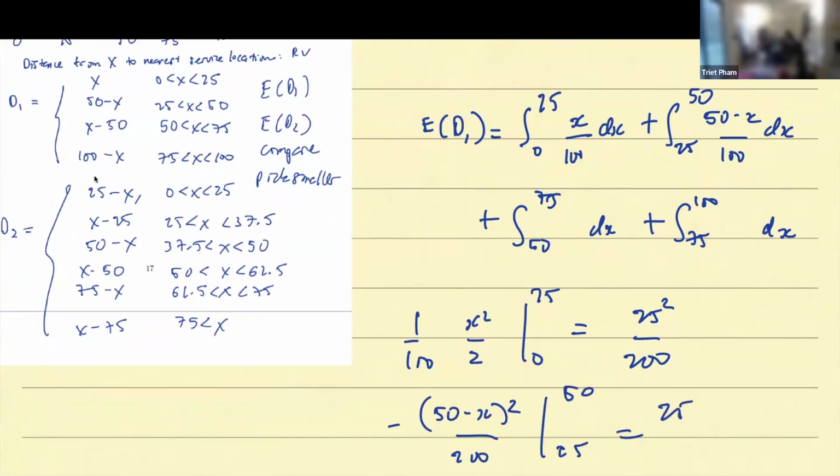You see, the answer is also 25 squared over 200. Is that okay? So you just have to do one integral and multiply by 4. But you should recognize it's 4 integrals together. Any question about this?